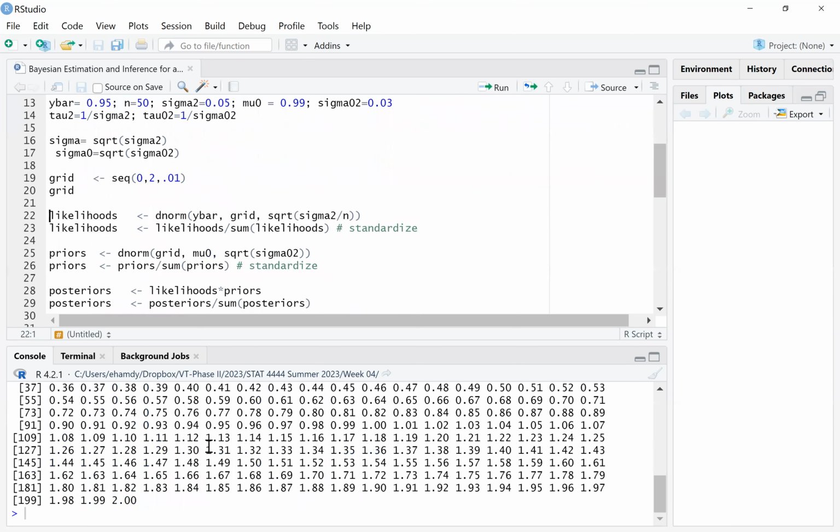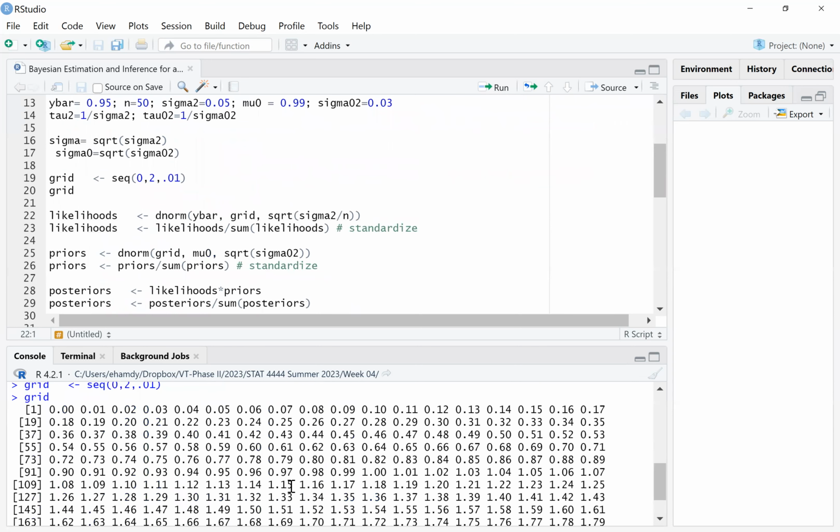Those are the values, assuming they are the possible values for the population mean. I will evaluate the likelihood at these values and the prior at these values, and then multiply the likelihood by the prior, change them to probabilities, and use these posterior probabilities to do whatever I want.